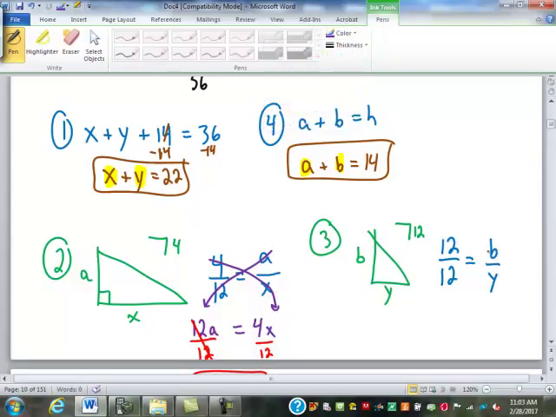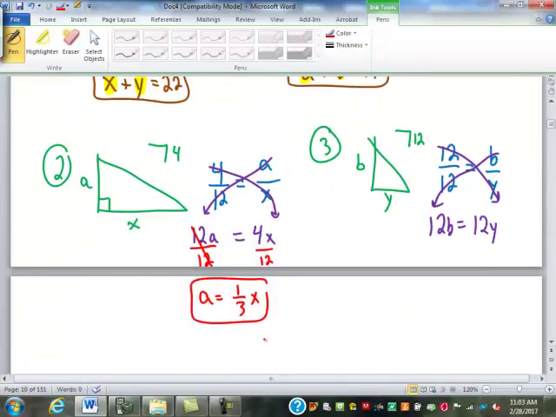And as I cross multiply here, b times 12 is 12b, 12 times y is 12y. Now I said I'm going to solve for b this time, so I'm going to solve for b by dividing by 12. B is equal to, well, 12 divided by 12 is 1, so b is equal to 1y, or b is equal to y. So those two pieces are important.